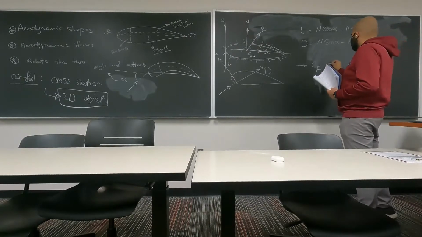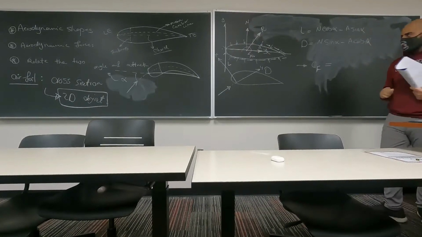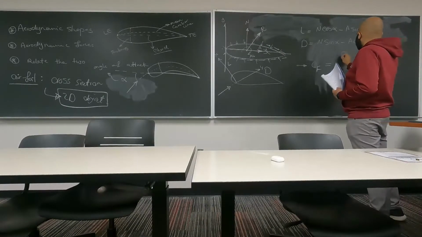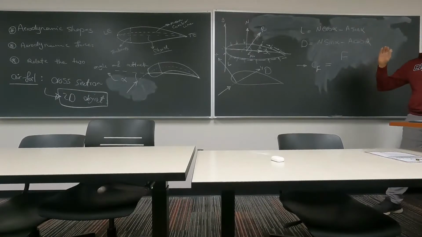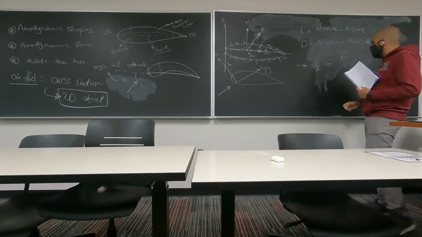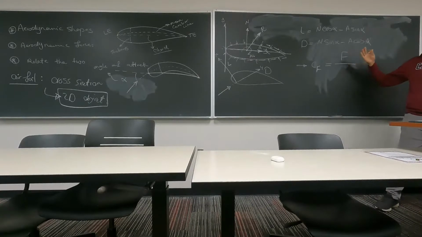We are looking for a dimensionless parameter, okay? And it has to be related to your specific force. So we have to have force in this formulation, no matter what. And then we have to remove the dimension of the force by normalizing this force using another parameter, right?